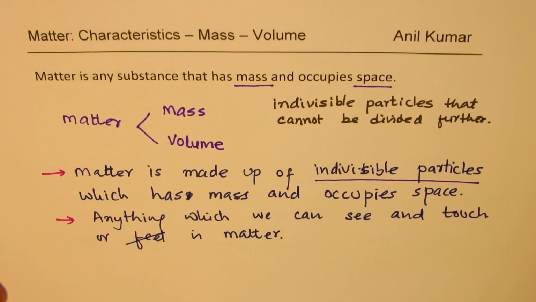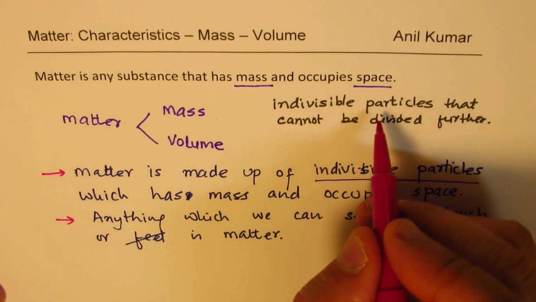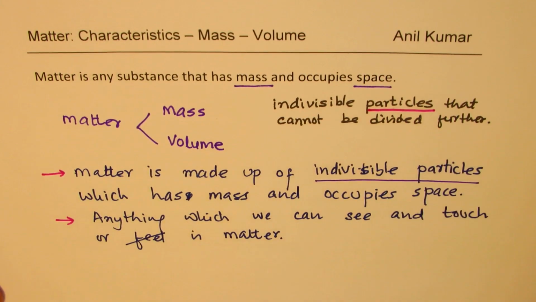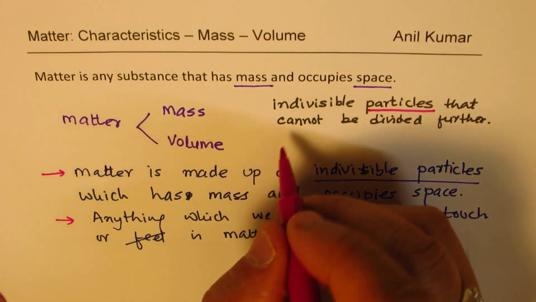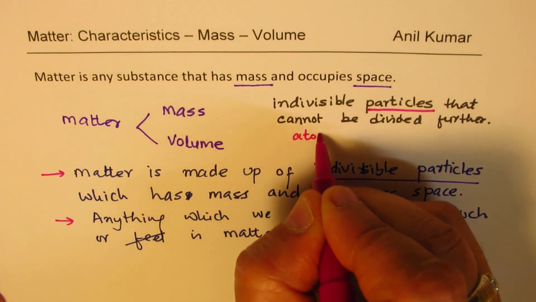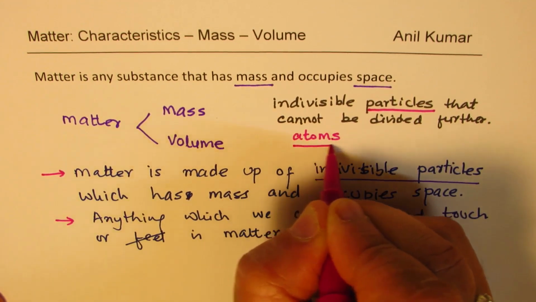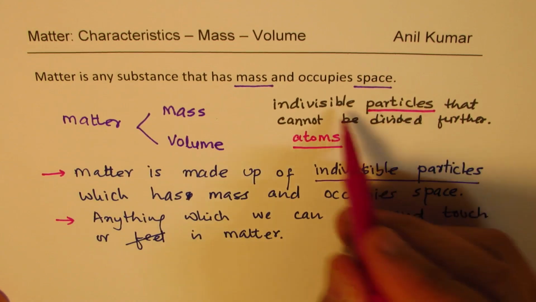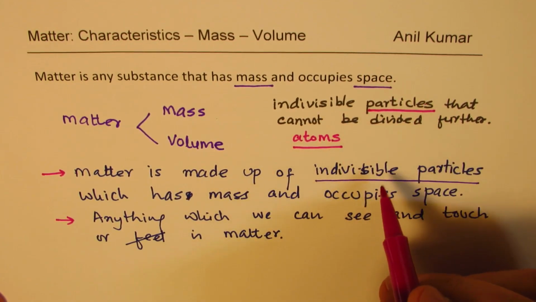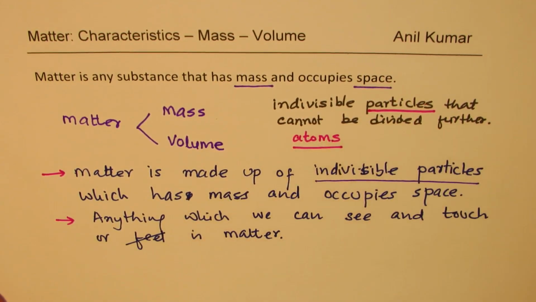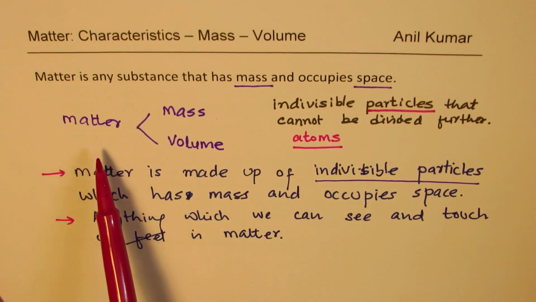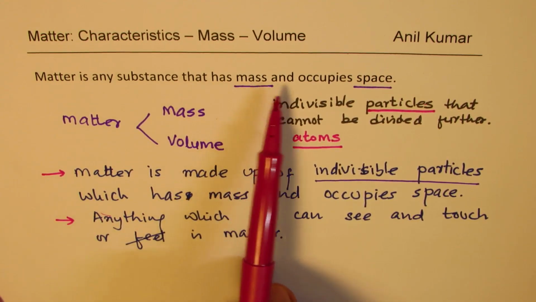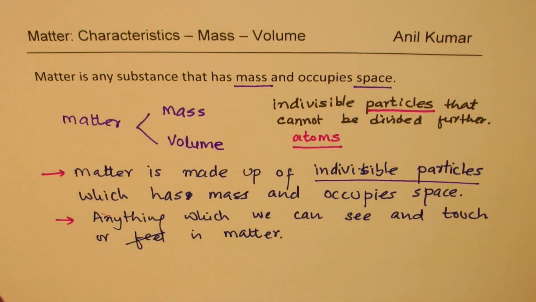So in our discussion, we'll just keep it as particle in general. At times, we may use the word atoms. So atoms are those indivisible particles which cannot be divided further, right? So that is kind of clear, okay? So in two ways we can look into matter, that anything which has mass and that occupies space is matter.